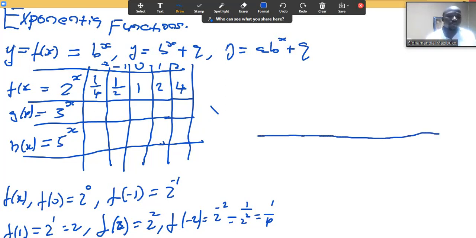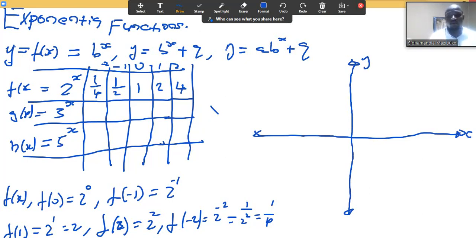So that is our first graph. Let's try to sketch it. Let me try again. You already know that this is our x-axis and this is our y-axis.